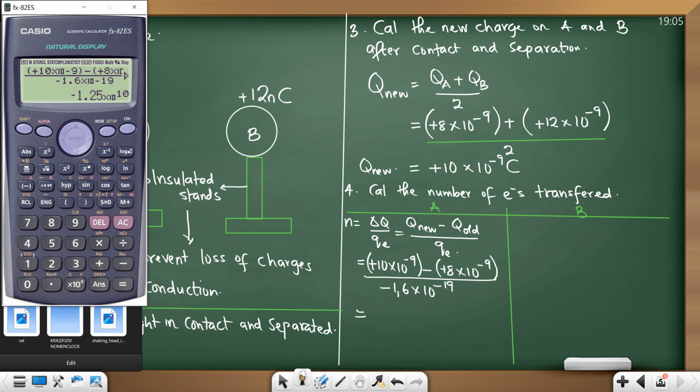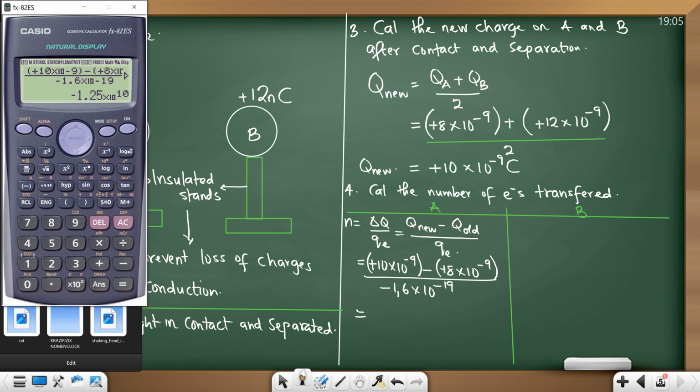I'd like you to get your calculators and confirm with me if this answer is the same as what you have. Confirmed?